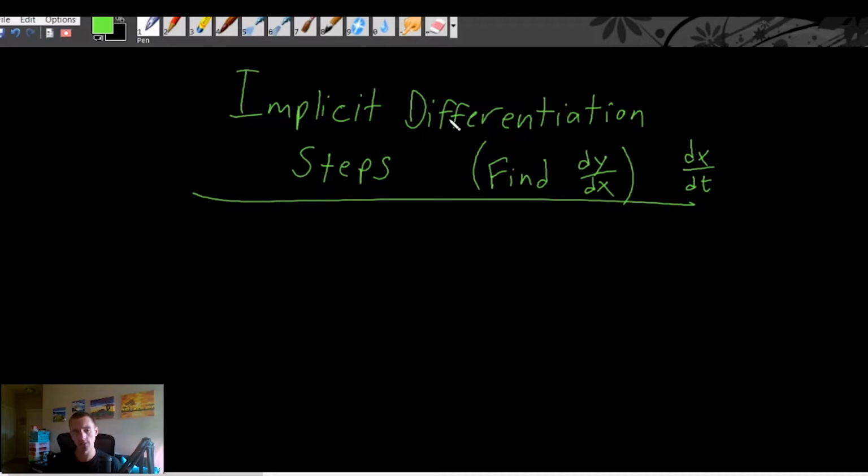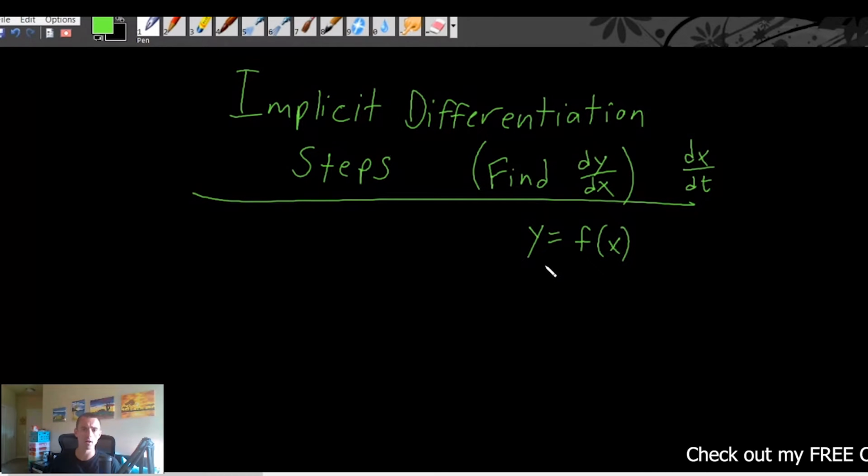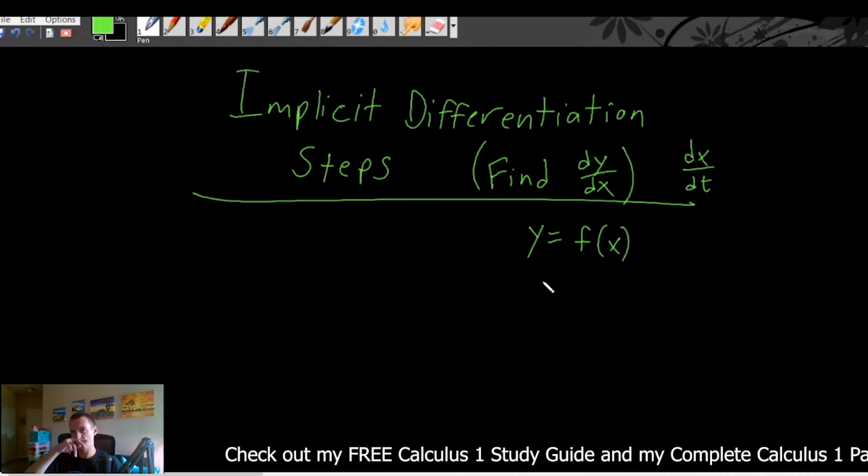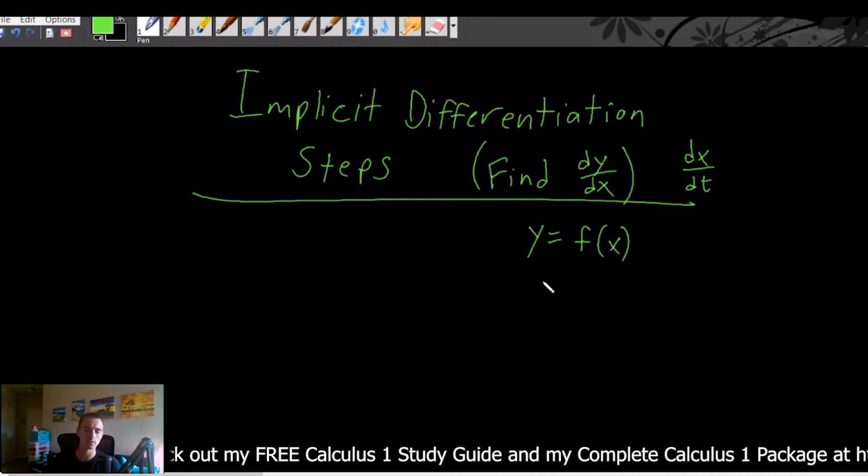However, it's typically not just going to be y equals some function of x. Because if you're given something like that, your y is already solved for, and you can just use different derivative methods that you may know, like the power rule, chain rule, product rule, quotient rule, and certain derivatives that you've probably memorized.